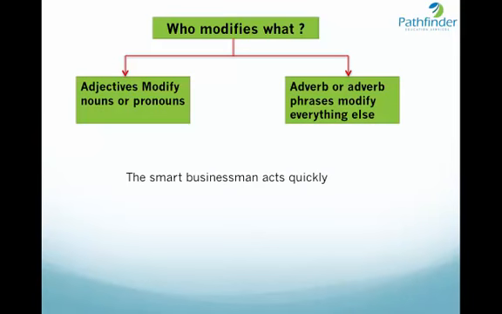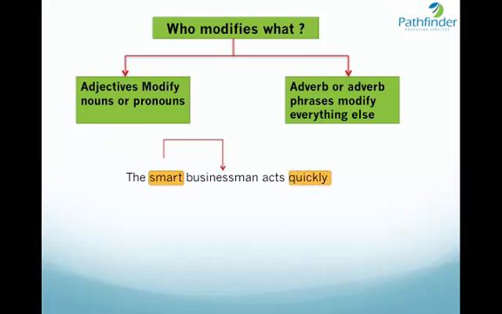For example, the smart businessman acts quickly. A careful look at the sentence will tell us that the word smart is an adjective, and this adjective gives more information about the word businessman. Since it provides additional information about businessman, smart is a modifier.